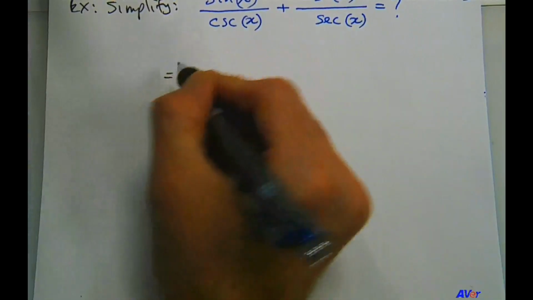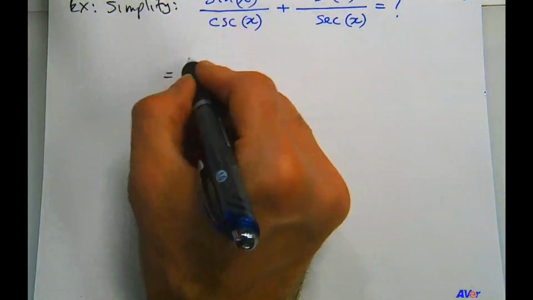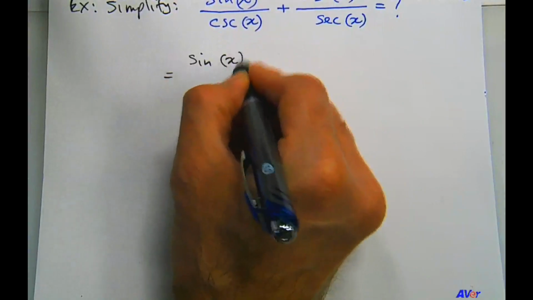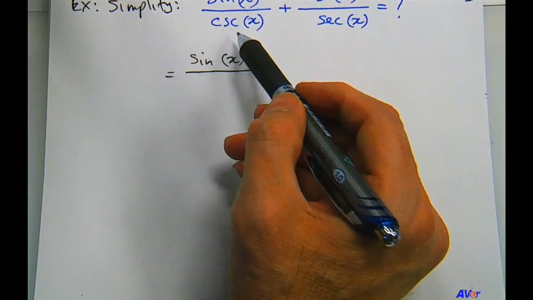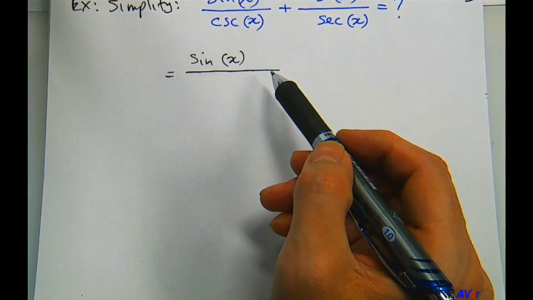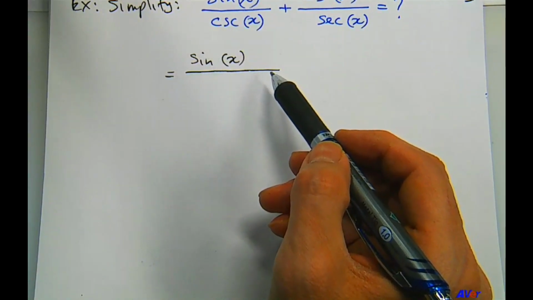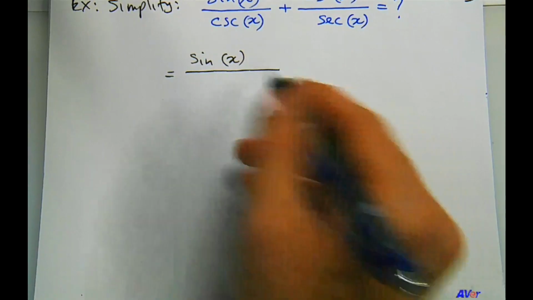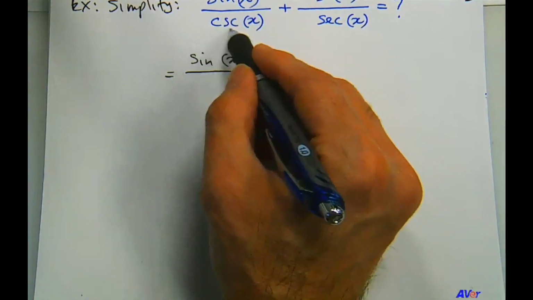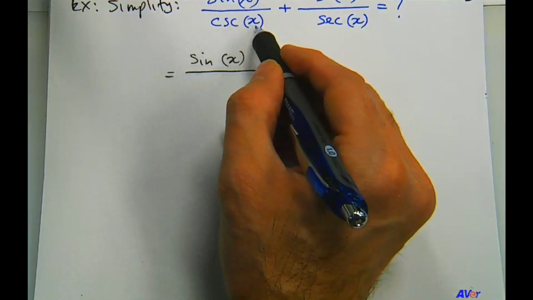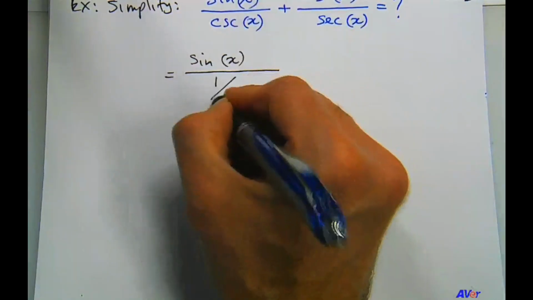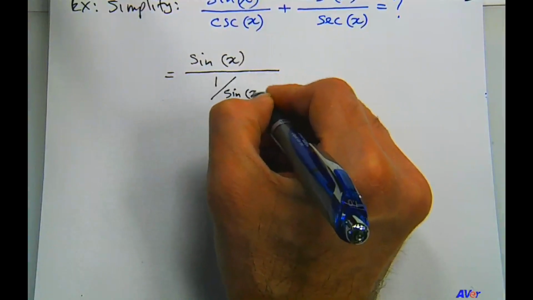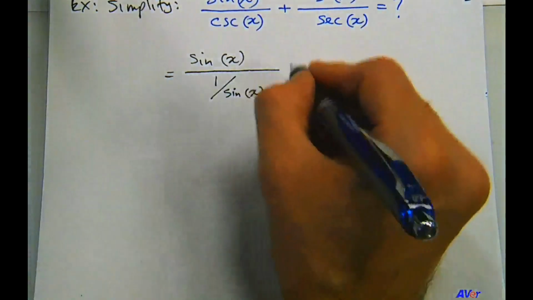So we know that, let me write this down. So sine of x divided by, we know that the cosecant function is the reciprocal of which function? If you said sine function, you're absolutely correct. So let me replace cosecant of x with its reciprocal, 1 over sine of x, right?